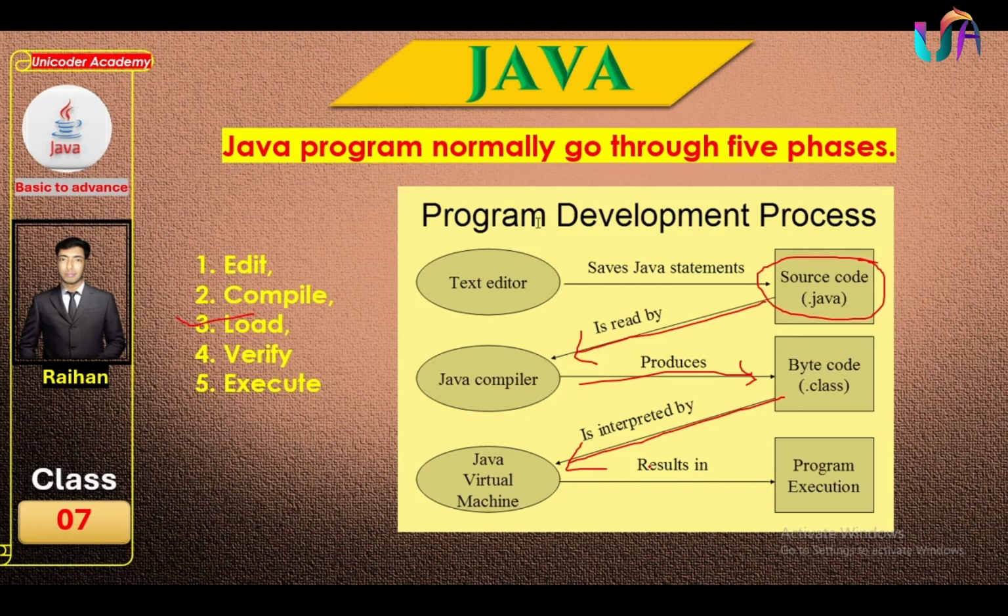First, the Java virtual machine verifies your code and checks whether you have broken any rules and regulations of Java programming. If everything is clear, the Java virtual machine transfers it to execute. Then you see your result, what you typed in your text editor. Those are the processes of Java programming.